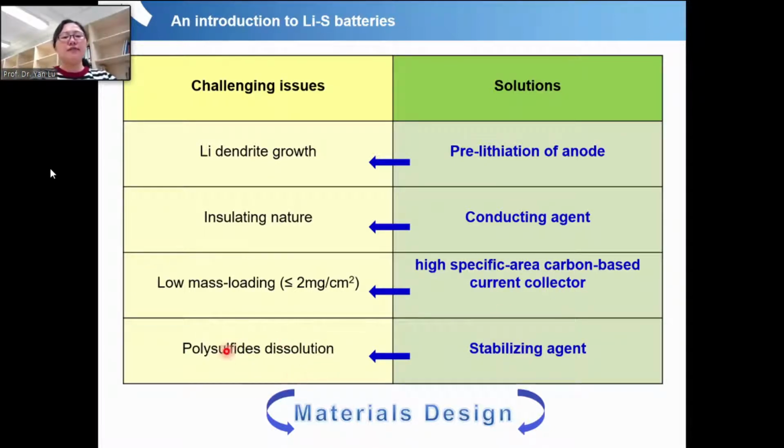And of course, for the shuttle effect caused by the dissolution of polysulfide, you need a kind of stabilizer agent, which can have either a physical or chemical confinement with the polysulfide, in that case, to prevent the dissolution of the polysulfides into the solution. And all these, of course, connect to the materials design. So it really needs the design of the electrode material for the improvement of the electrochemical performance of the lithium sulfur batteries.